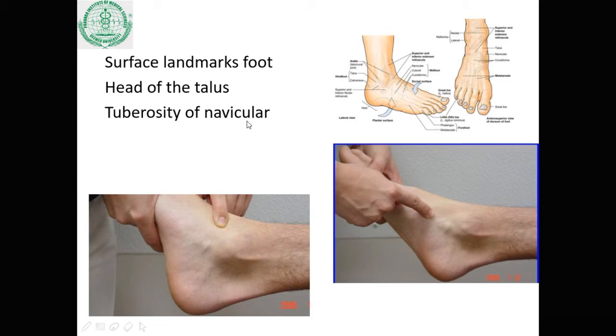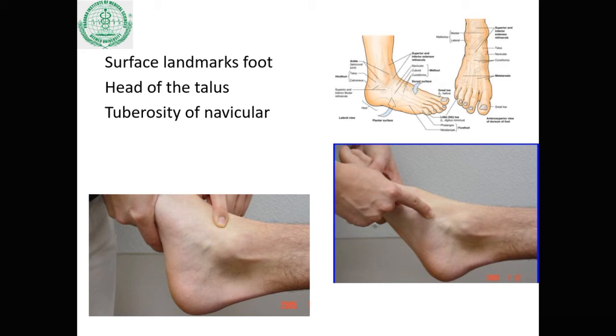Now the surface landmarks of the foot. The head of the talus is lying around 3 centimeters in front of the lower end of the tibia, and this can be seen and felt when the foot is passively inverted.